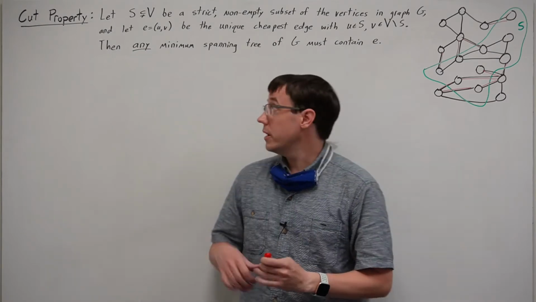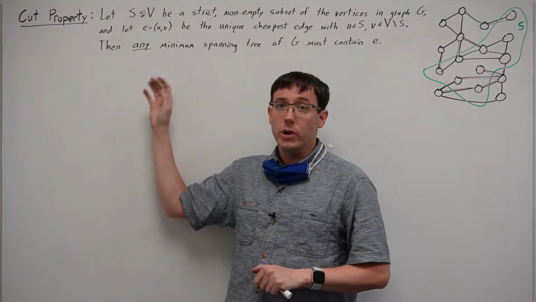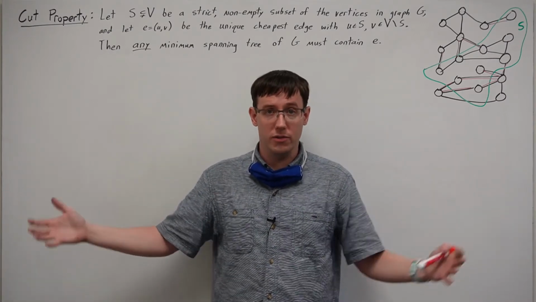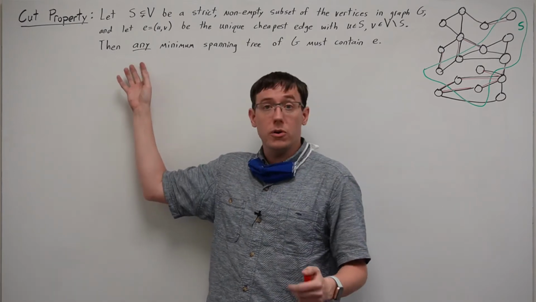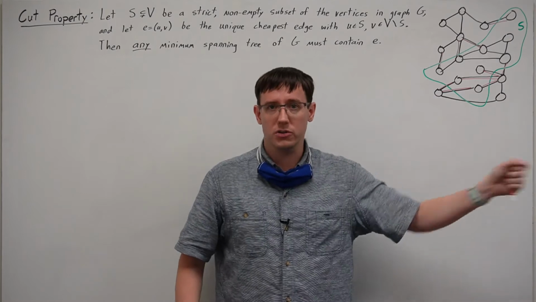And at this point, we are not committing to there being only one minimum spanning tree. We are saying that even if there were multiple minimum spanning trees of this graph, any of those MSTs must contain that cheapest edge across the cut.